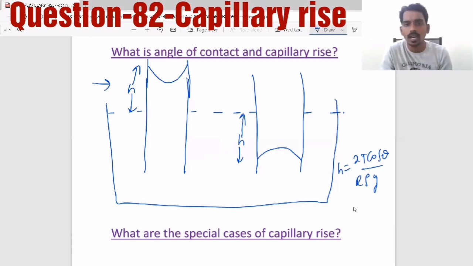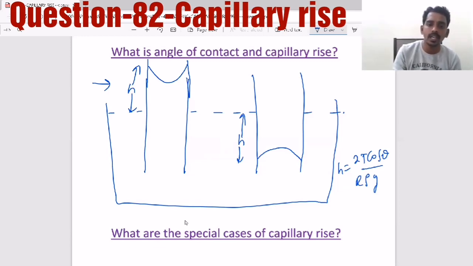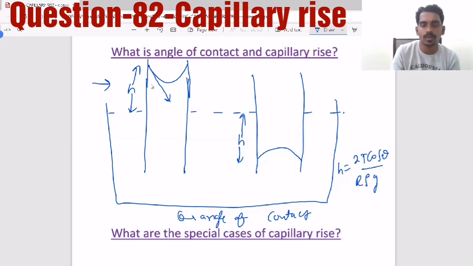where T is surface tension, R is radius of the tube, rho is density of the liquid, and theta is called the angle of contact. Angle of contact means: where the liquid and solid meet, draw a line parallel to the liquid surface and a line along the solid surface inside the liquid, and that angle is called the angle of contact.